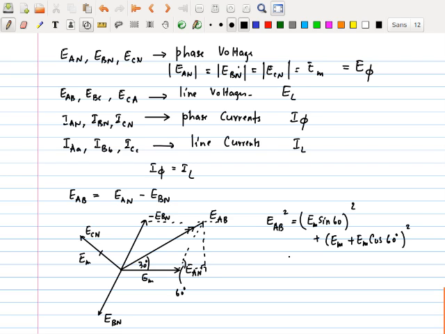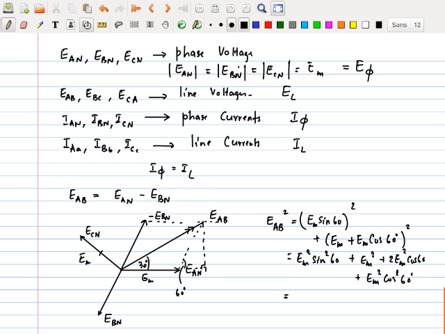So if I expand this now, this is going to be EM squared sine squared of 60 plus EM squared from here plus 2 EM squared cosine of 60. See, this times that. Then you got plus EM to the power 2 cosine squared of 60.